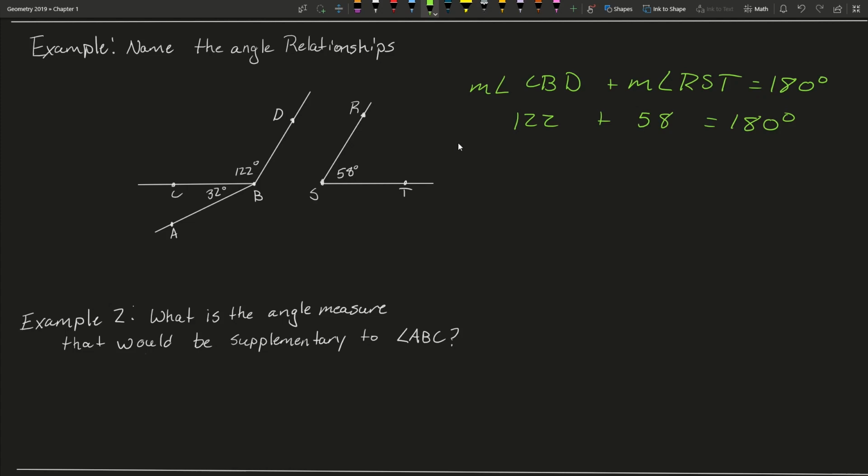Therefore, angle CBD and angle RST are supplementary. I also notice that the measure of angle ABC plus the measure of angle RST is equal to 90, because 32 plus 58 is equal to 90. Therefore, angle ABC and angle RST are complementary.